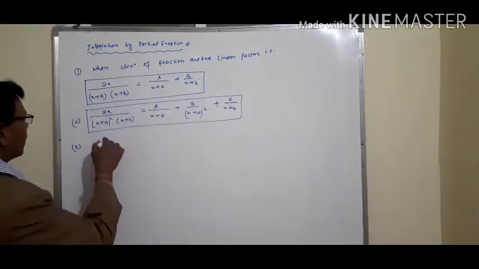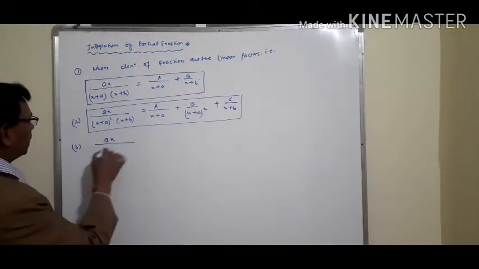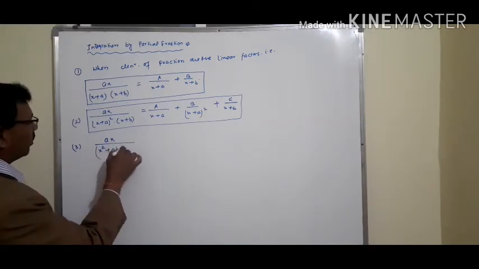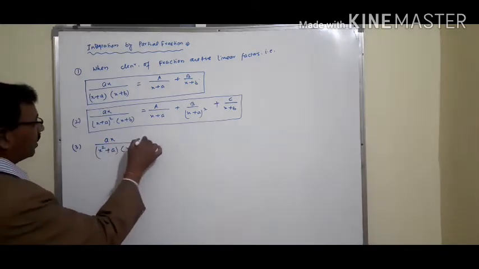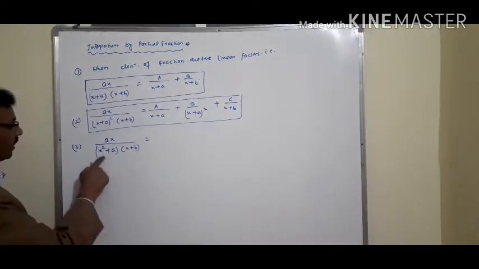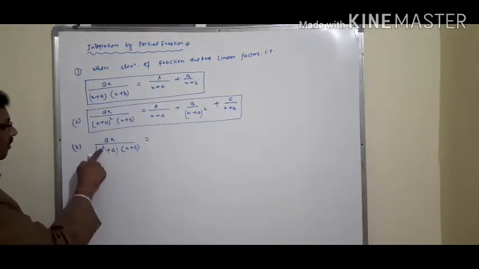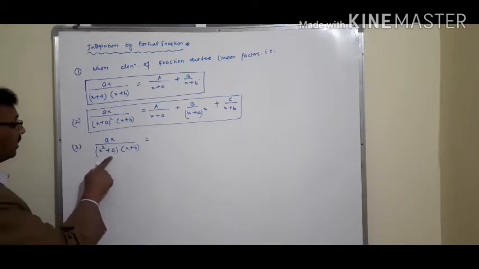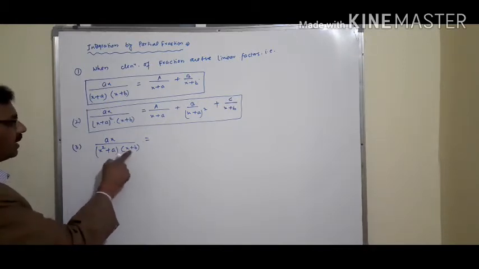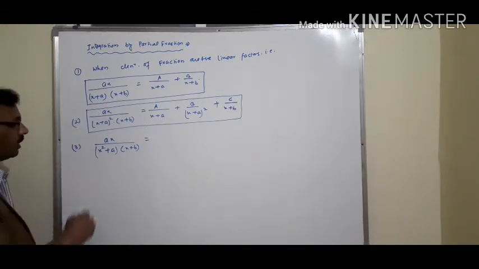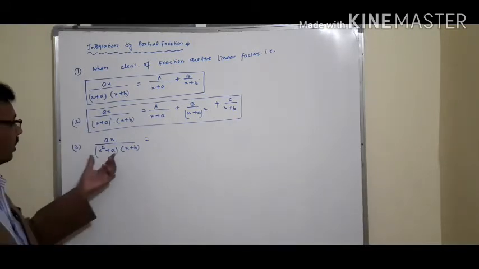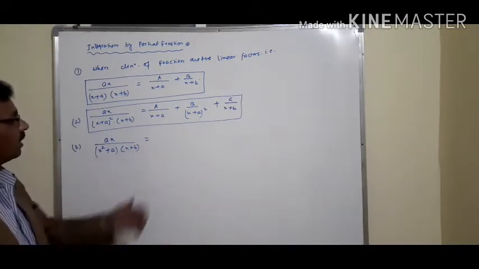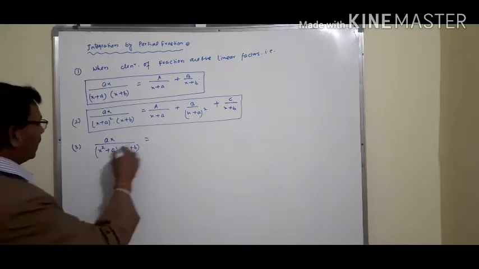That is, suppose ax upon (x square plus a) into (x plus b). Now you can see here the first factor of the denominator of this fraction is quadratic and the second is linear. So for the quadratic we should use two constants at the same time.